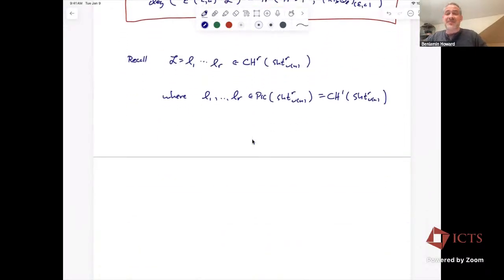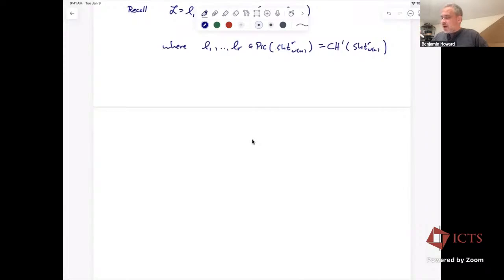So what are these line bundles? Okay, so I'm going to explain how to attach a k-bar vector space. We need to attach r one-dimensional k-bar vector spaces to each point in our moduli space.